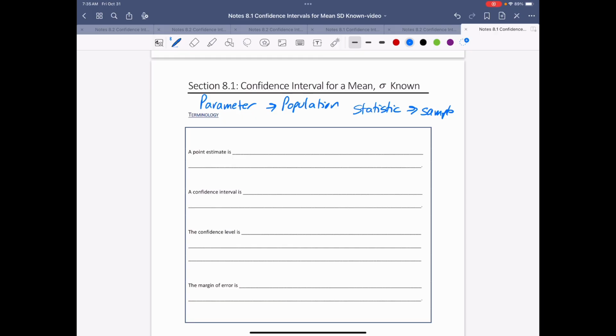And right now, a point estimate is a single number used to estimate the value of an unknown parameter.